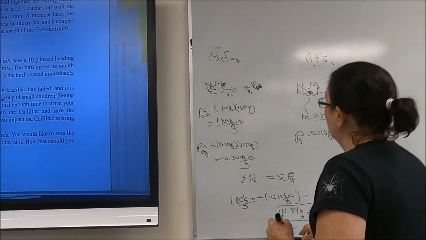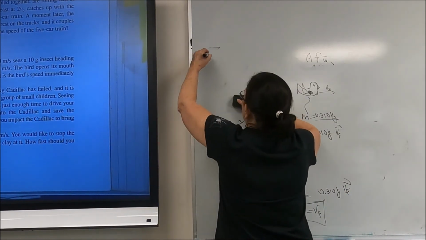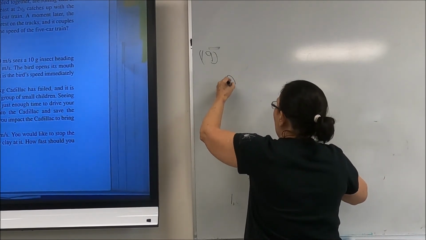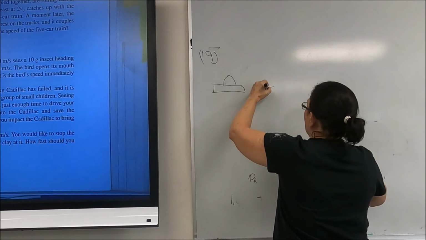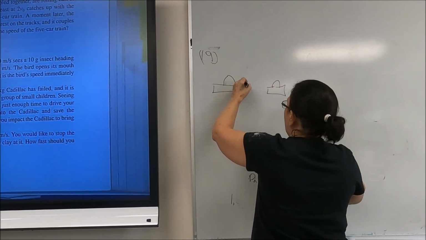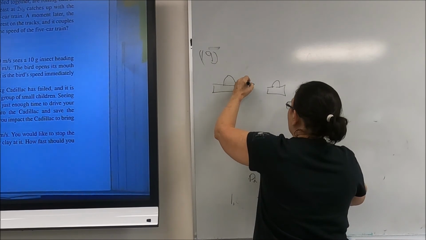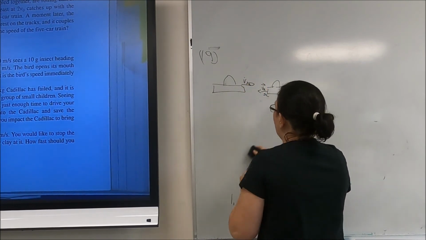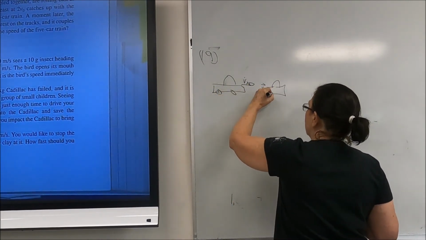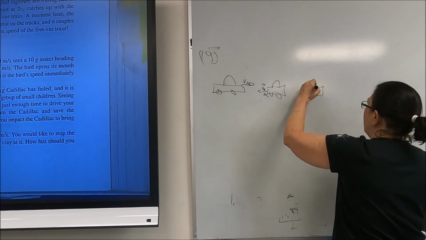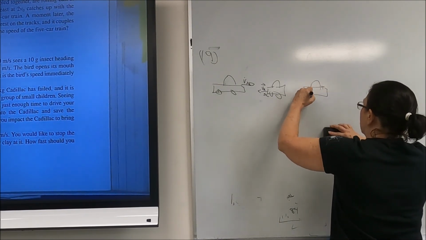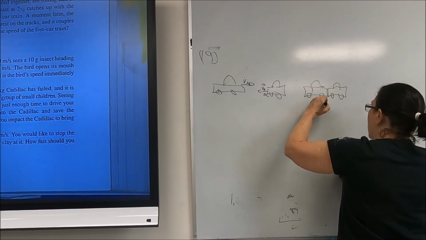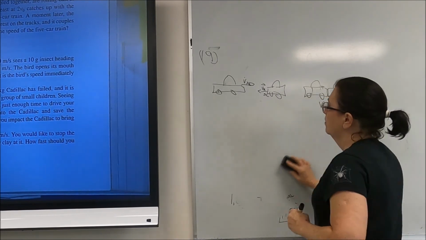Now, if we look at problem 19 here, I have my Cadillac and my smaller car, and the velocity initially of the Cadillac is in this direction. Velocity initially of the small car will have to be in the other direction. And after, they're going to be sitting with a velocity equals 0.